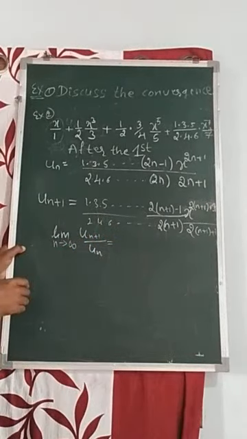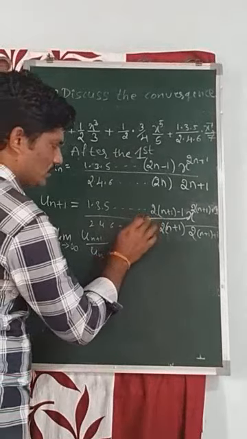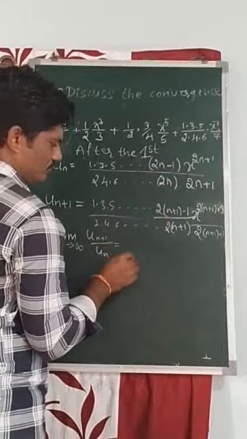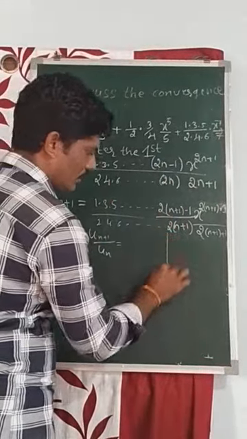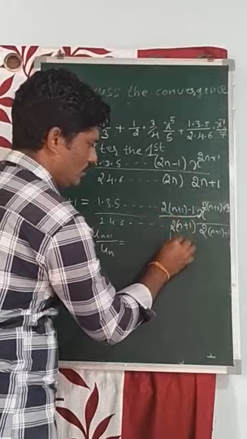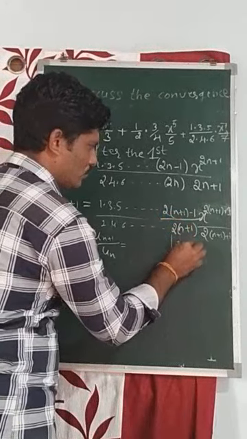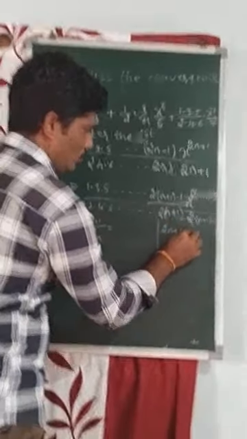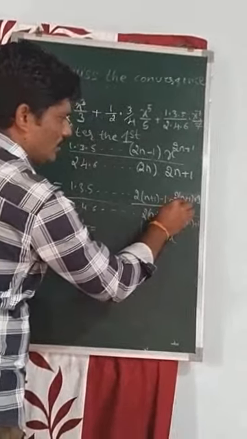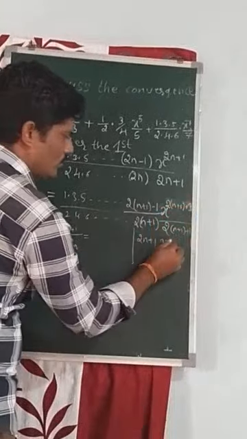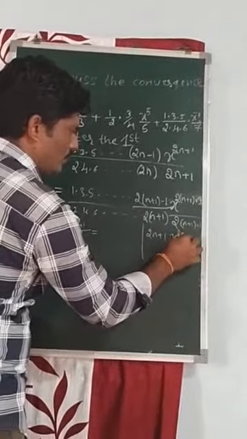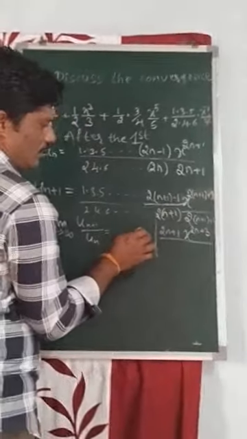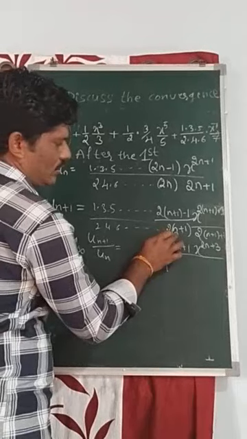D'Alembert's ratio test. Un plus 1, applying this, simplifying this term. This term is 2n plus 2 minus 1, 2n plus 1, into x raised to 2n plus 2, 2n plus 3. In this side, the denominator is 2n plus 2.